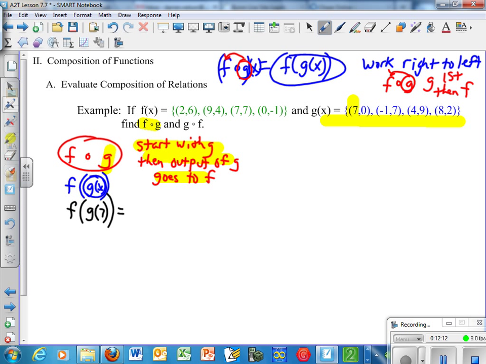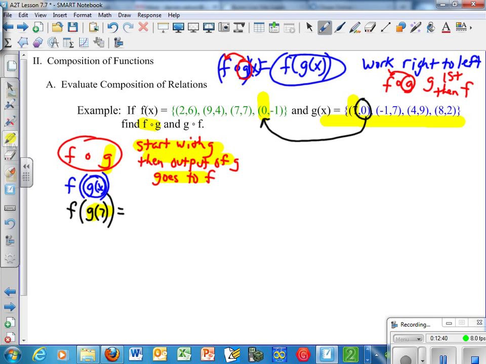Now, what does this mean? g of 7 means when the x value of g is 7, what's the y value? If you look right here, the y value when the x value is 7 is 0. So I want to then come over here and find in f which one has an x value of 0.